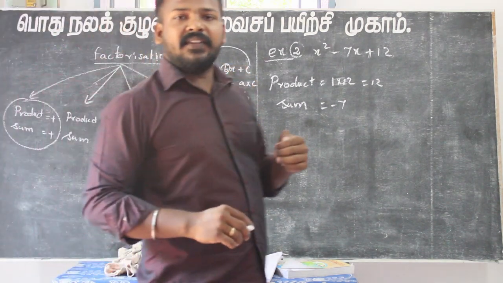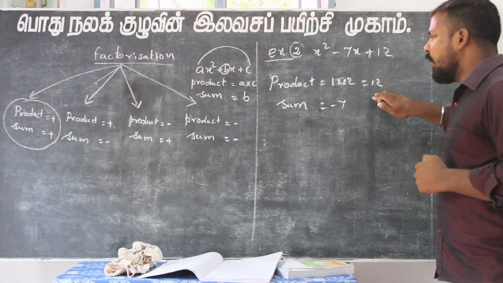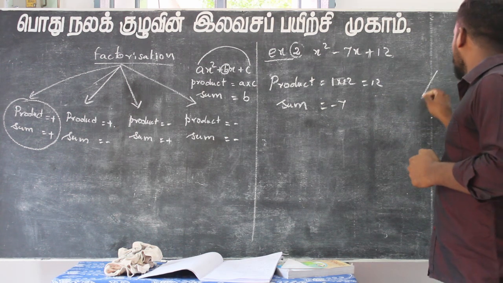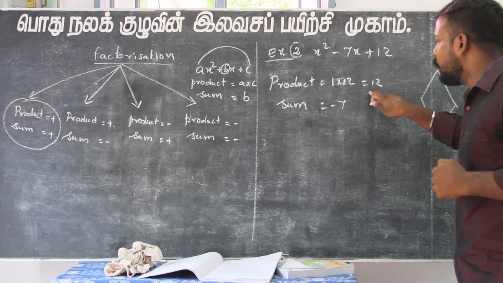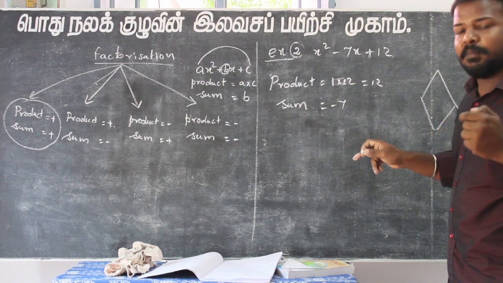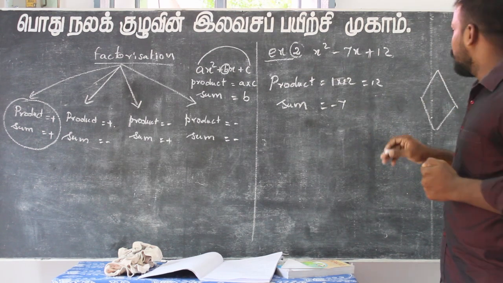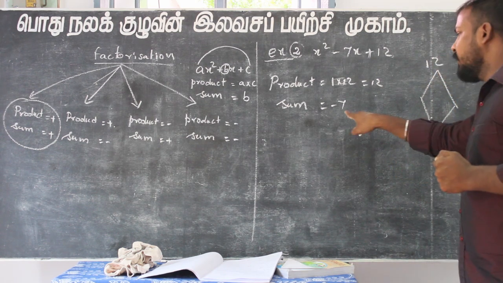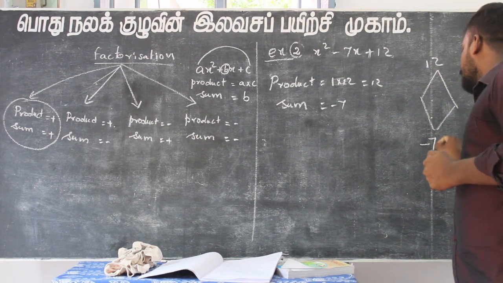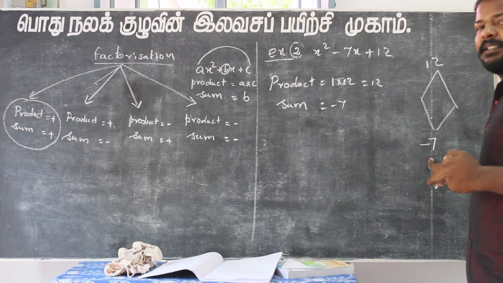Already we saw that product is positive means both numbers, the split factors of 12, when added should give 7. So product we write at the top, sum we write at the bottom. Product is 12, sum is minus 7.